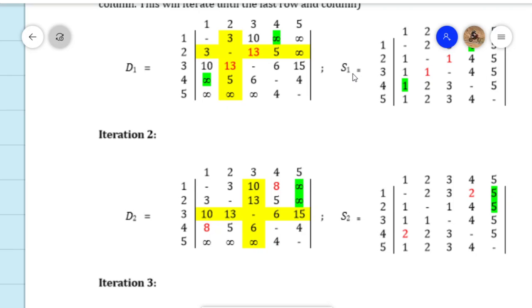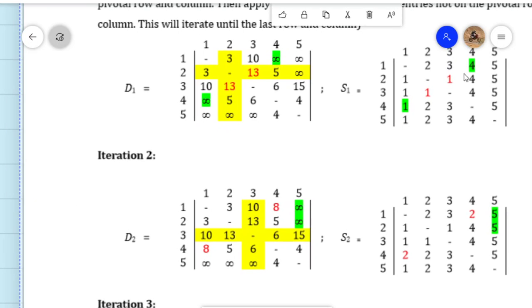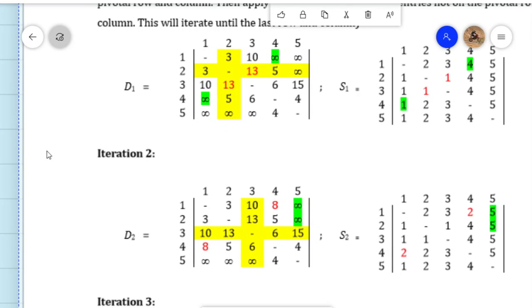But for S sub 2, we simply copy S sub 1, except for the marked entries, this entry and this entry. So those will be replaced by 2 this time because we have highlighted the second row, second column. So these two entries will now become 2 in the next iteration.